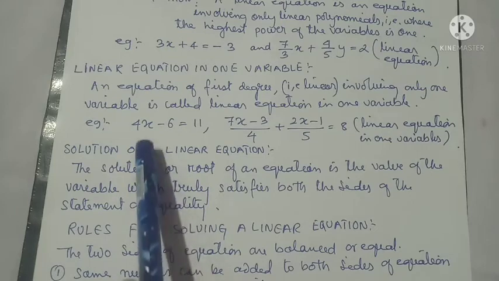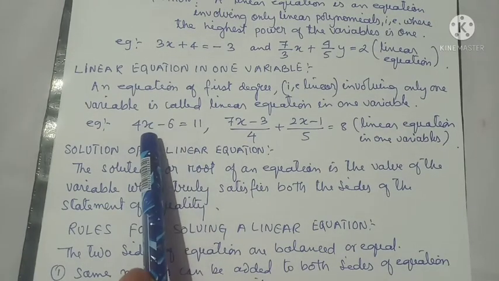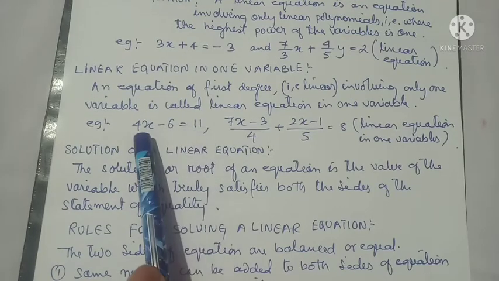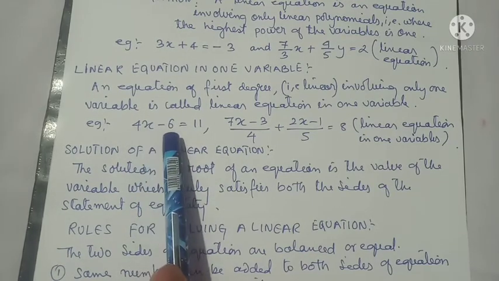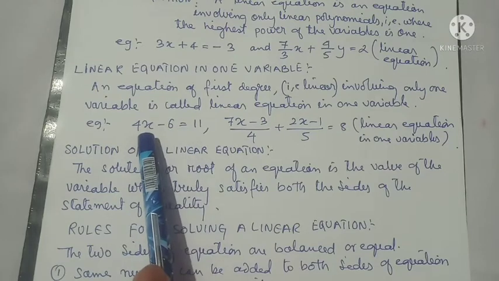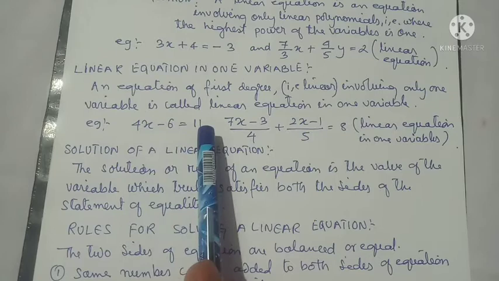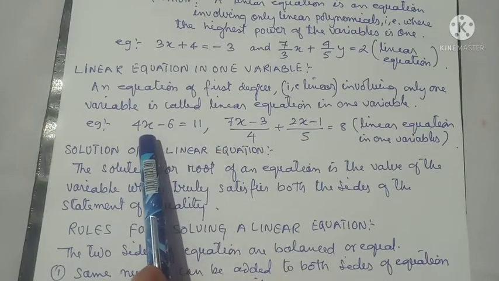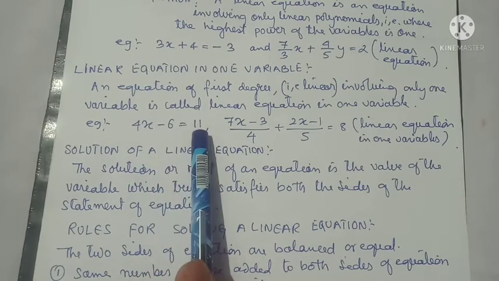Here you see the example. Here the right side is 11 and the left side is 4x minus 6, then we have to find the value of the variable to make the left hand side and the right hand side equal. What number do we have to put as the value of the variable x to get the right hand side?